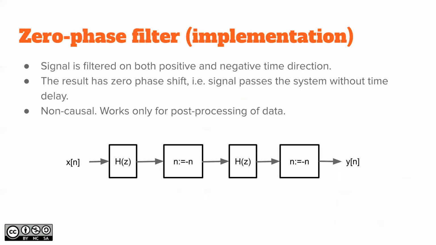And then how to get rid of that nasty nonlinear phase response is to make the zero phase filter, meaning any filter, whatever the phase response is, this trick makes the output signal have zero phase shift, meaning the group delay is constant zero.